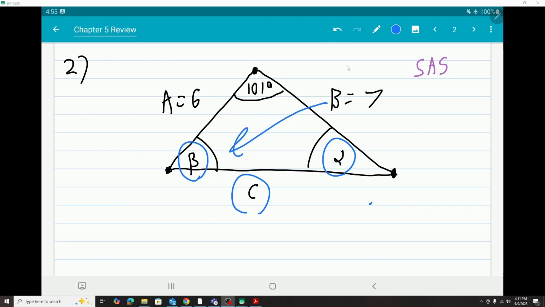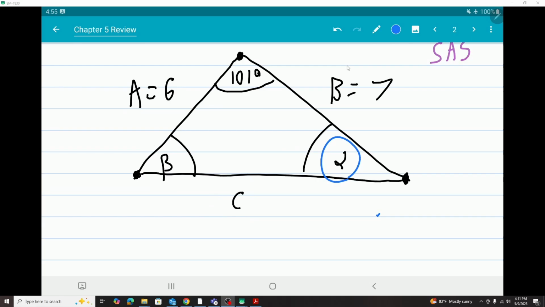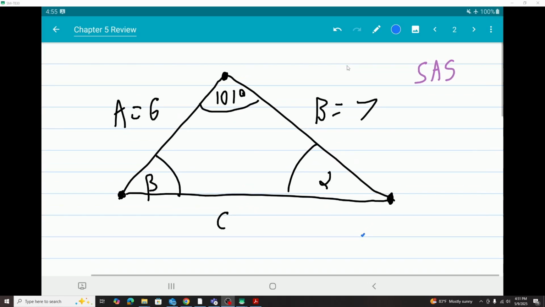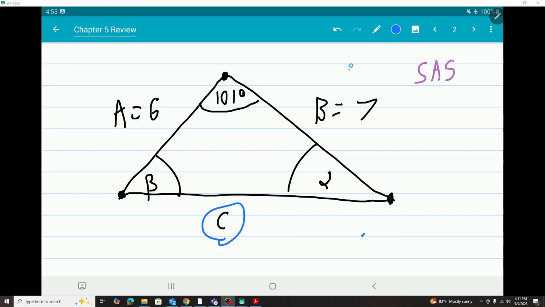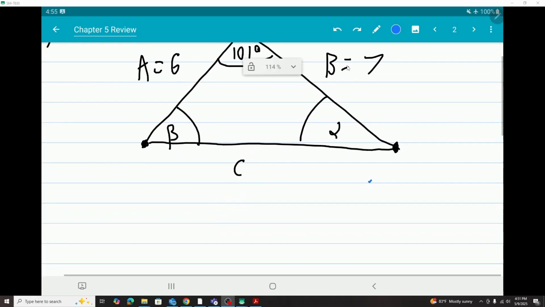Same story for B. So I don't have any pairs. In that situation, the only thing that I can do to make progress is find the missing side. I can find C. There really is no immediate way to find alpha or beta that doesn't go through finding C first. So here I need to use the law of cosines.